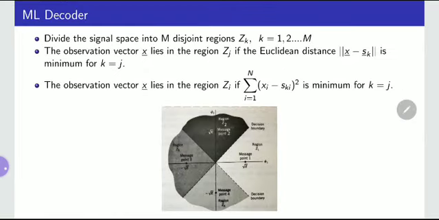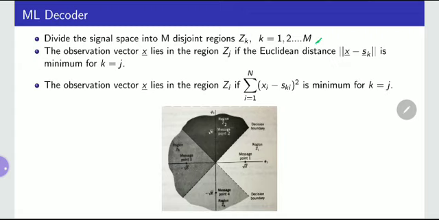Now the ML decoder or ML detector reduces like this. Divide the signal space into M disjoint regions Zk, where k is equal to 1 to M. Now the observation vector x lies in region Zj if the Euclidean distance norm of x minus sk is minimum for k equal to j.